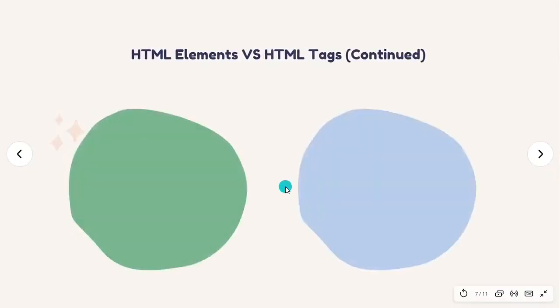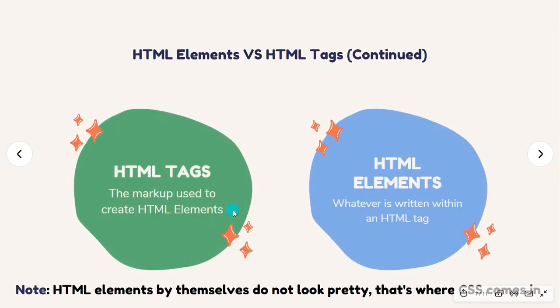And in this slide, you see what the difference is. So HTML tags are the markup used to create HTML elements, and HTML elements is whatever gets displayed based on what is written within an HTML tag. This note I've already talked about before. HTML elements do not look pretty by themselves, so that's where CSS comes in.